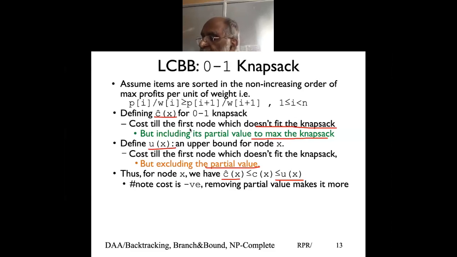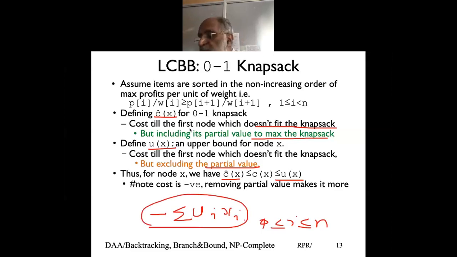Now remember, all we are doing is a minimization problem. Minimization means we are minimizing the sum of vi xi, for 1 less than or equal to i less than or equal to n, and for the last item we are including a partial value.